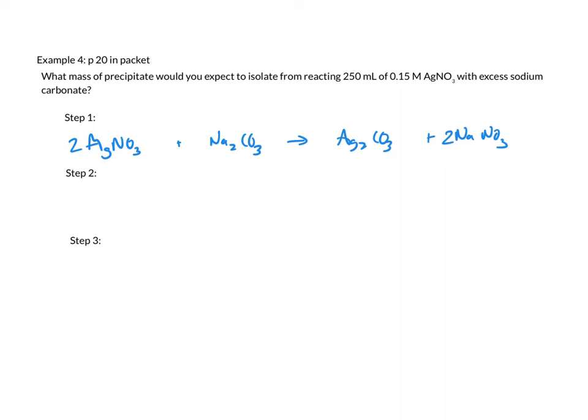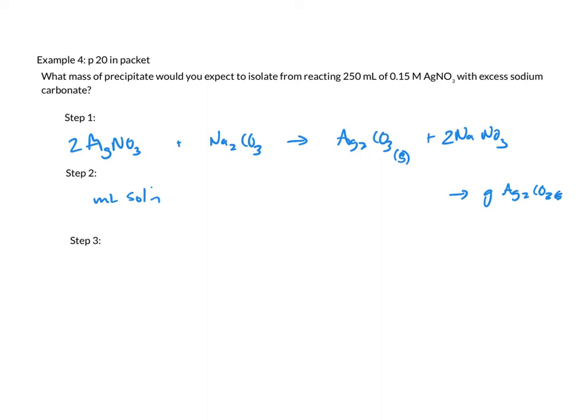So unit-wise, I'm starting out in milliliters of solution, and my goal unit is mass of precipitate, so grams of silver carbonate. And we know silver carbonate is going to be our precipitate based on solubility rules. Silver compounds are not soluble unless they're nitrates, and anything else is not soluble.